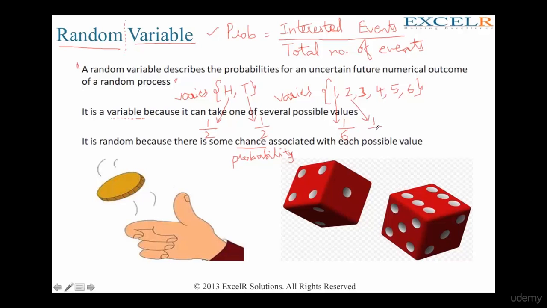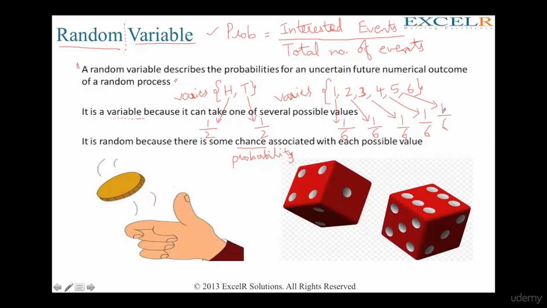On similar lines, the probability associated with I getting a number 2 when I roll a die once is 1 by 6. Why is it 1 by 6? What is the event that I am interested in? 2. This 2 is a single event that I'm interested in divided by total number of events, which is 6. And on similar lines, the probability associated with each and every value is 1 by 6.